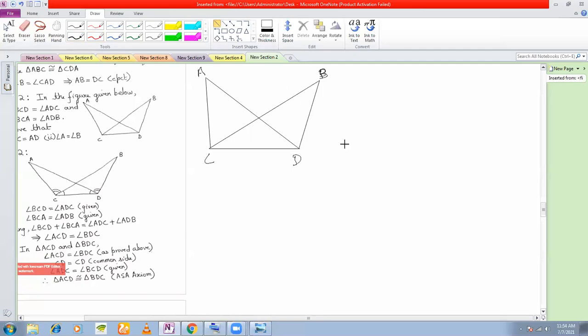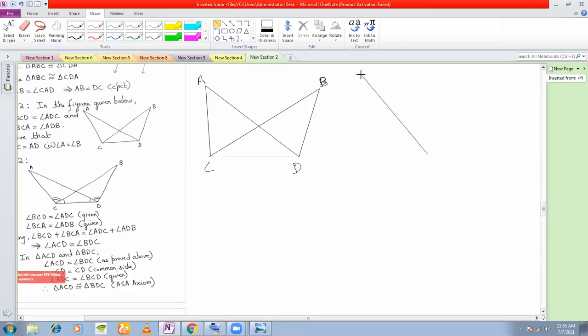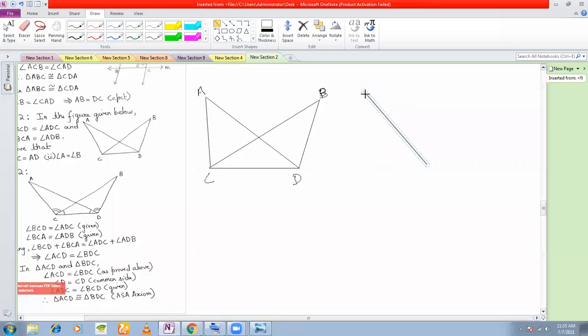Let's try to draw the triangle ACD. This is what one triangle looks like. What does the other triangle look like? Looks like this. So we have split the figure into two. This is CD and this is CD. This is A, this is B.